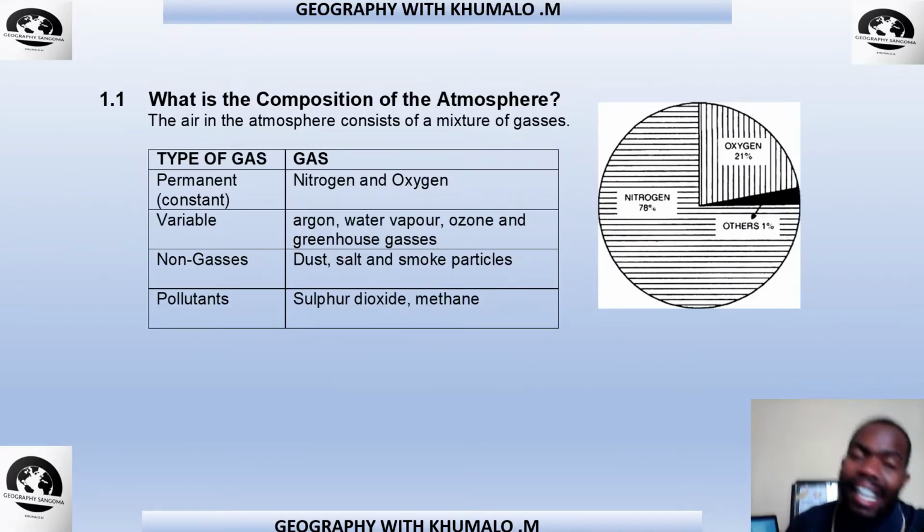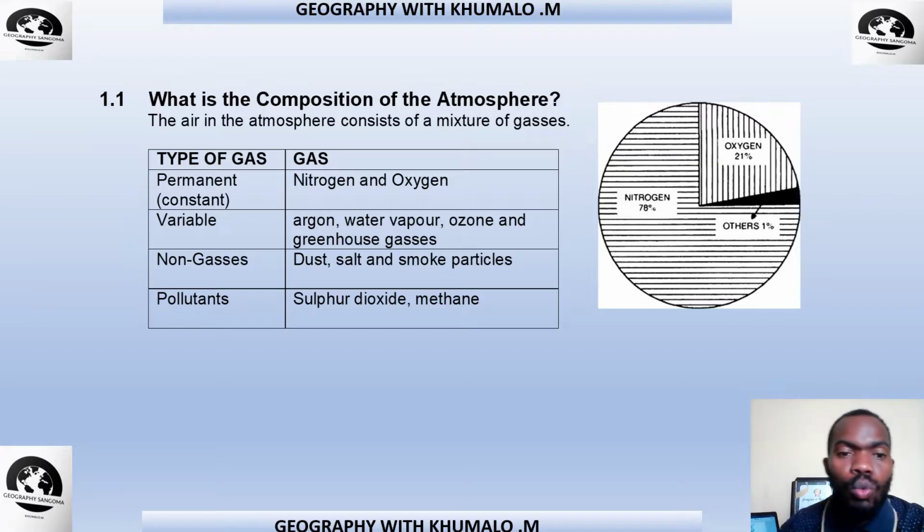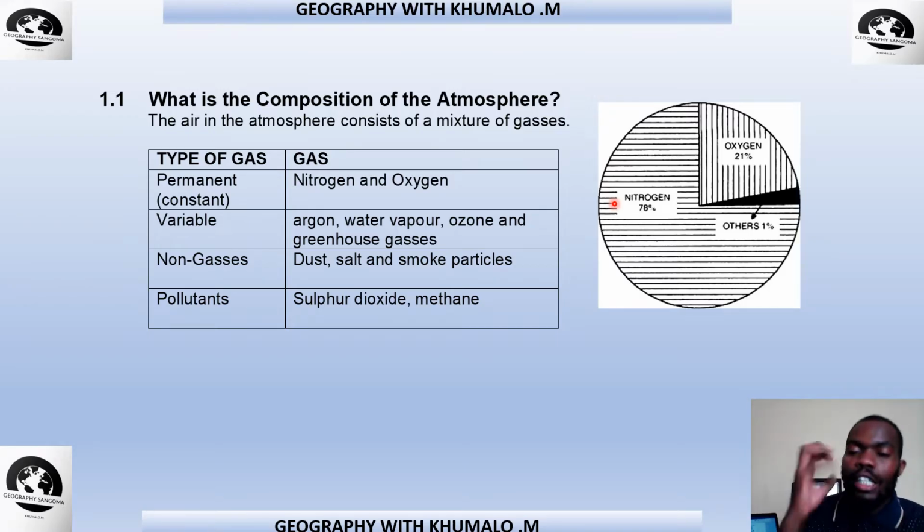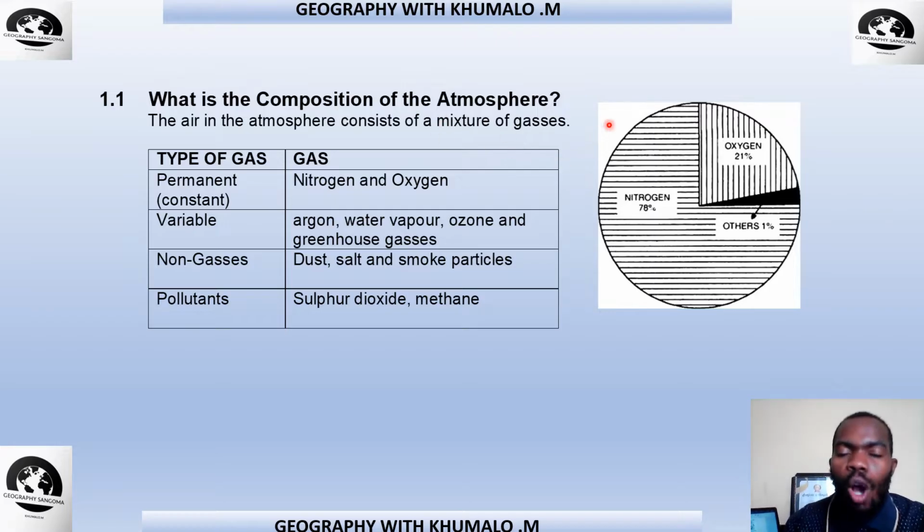Another thing that I want you to know, grade 10s, is: what is a composition? When we talk about the composition of the atmosphere, it is what the atmosphere is made of. The air in the atmosphere consists of mixtures of gases.